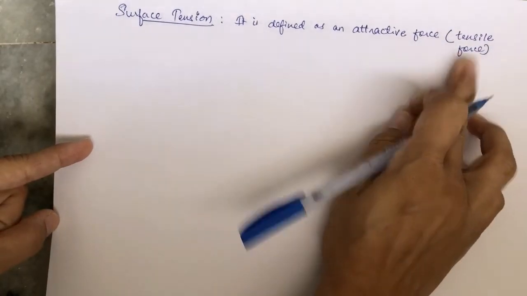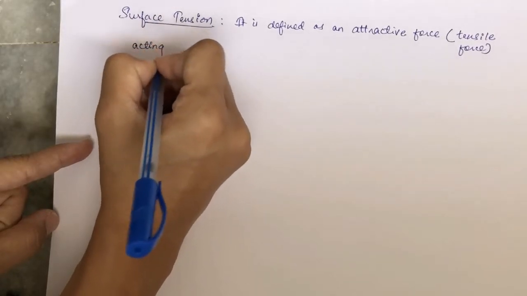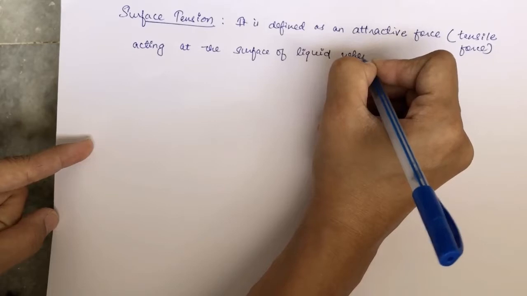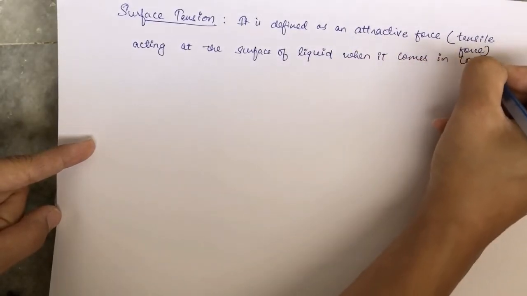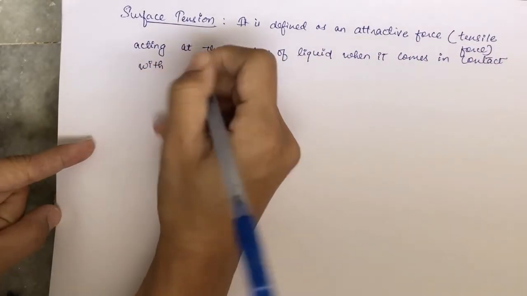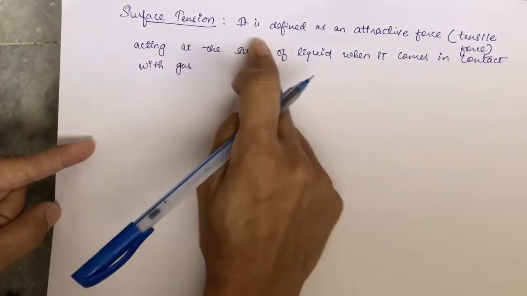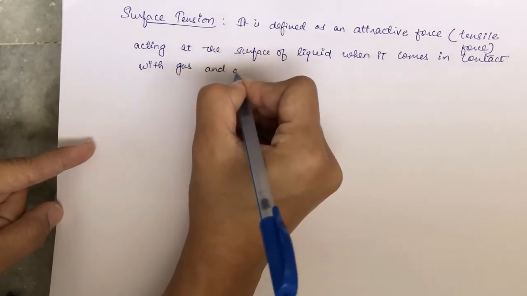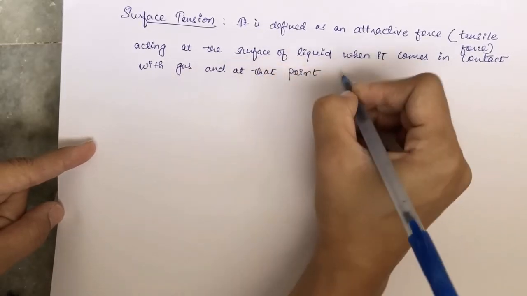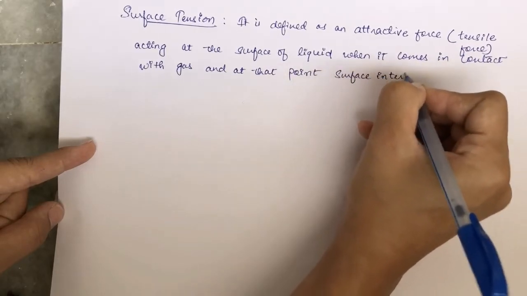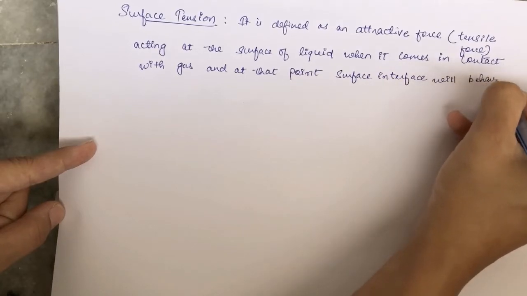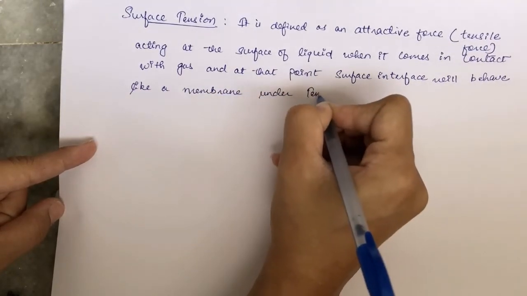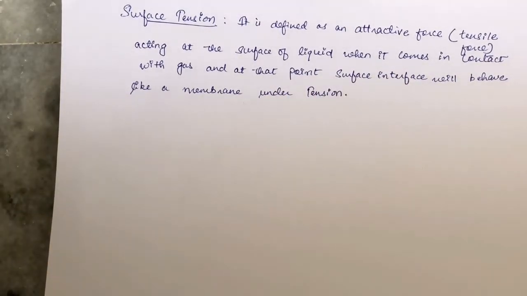So it is defined as an attractive force or tensile force acting at the surface of a liquid when it comes in contact with gas or another fluid, and at that point the surface interface will behave like a membrane under tension. Okay, so this is the basic definition of surface tension.